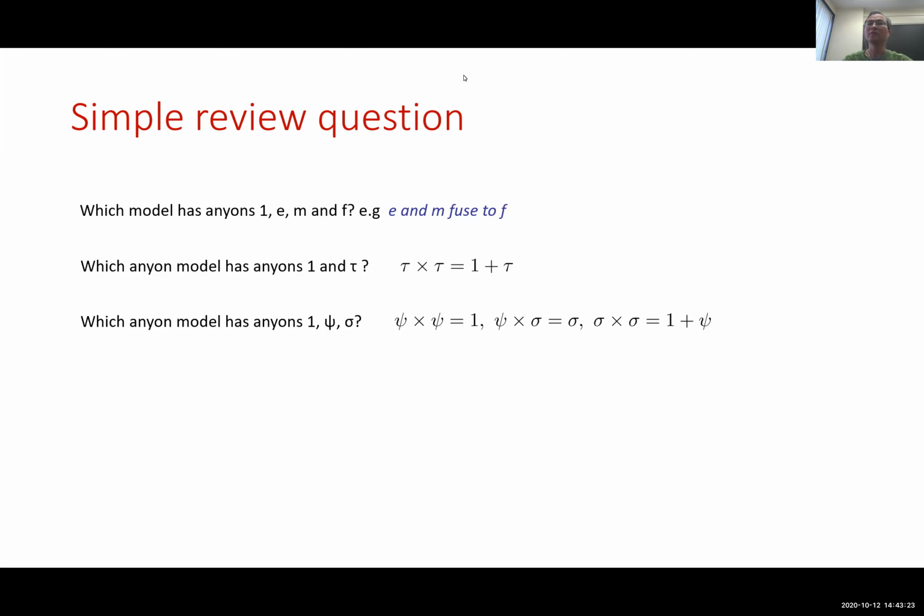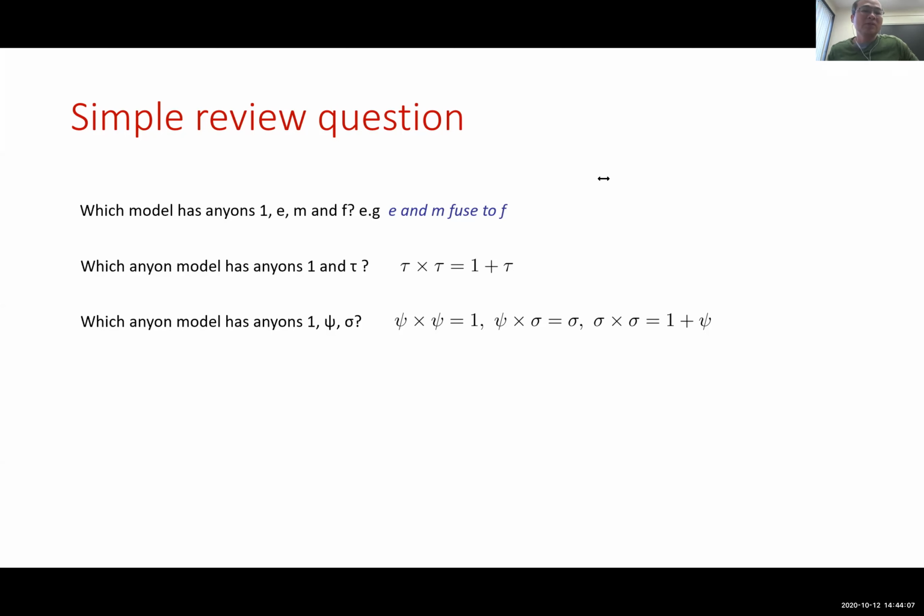Unfortunately, I don't have the poll prepared, so maybe you can type in the chat and let me know. Which model did we discuss that has these four anyons? Yes, it's the toric code. It's the Kitaev toric code model.